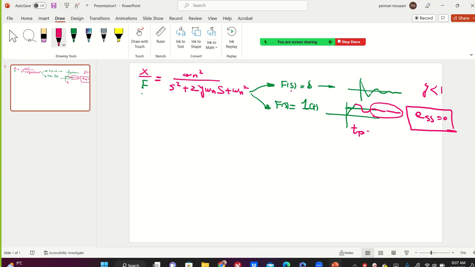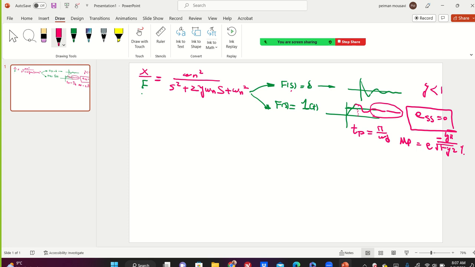Tp was pi over omega d, the time of the peak, and the overshoot, the maximum peak in percentage, was e to the minus pi zeta over square root of 1 minus zeta squared, in percentage.